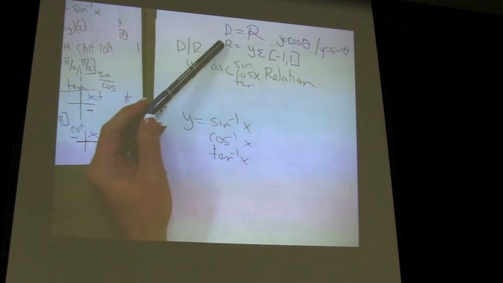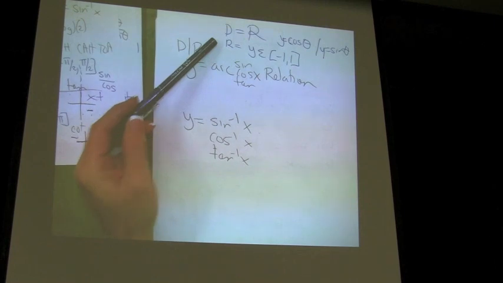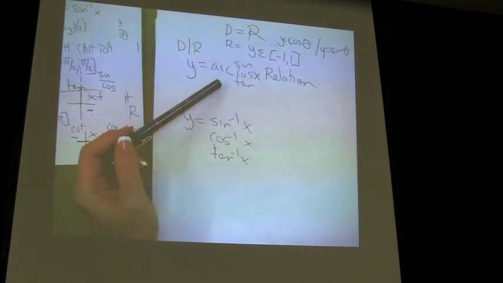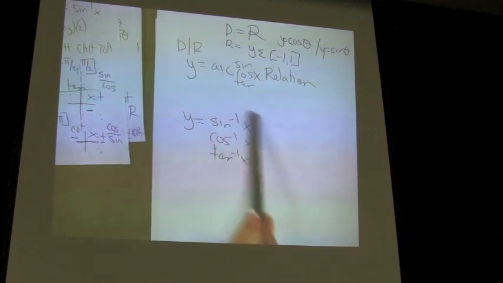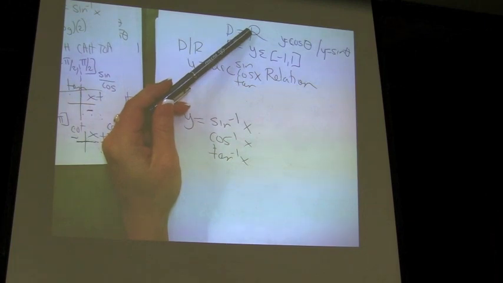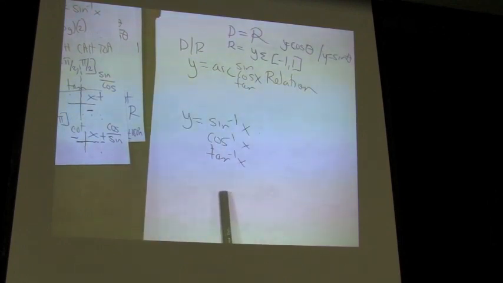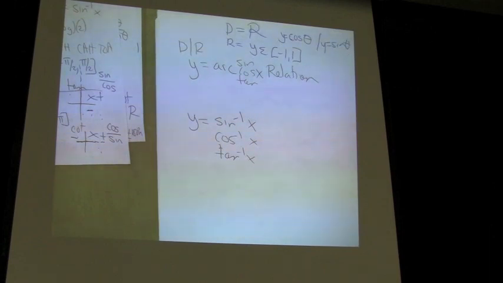Since the range of the function is y is an element from -1 to 1, the domain of arc sine or cosine will be x as an element from -1 to 1. However, when we use this notation, since the domain is all real numbers, the range cannot be all real numbers. When you have this as a function, so I think I just confused myself slightly, so I want to repeat this again. Okay.